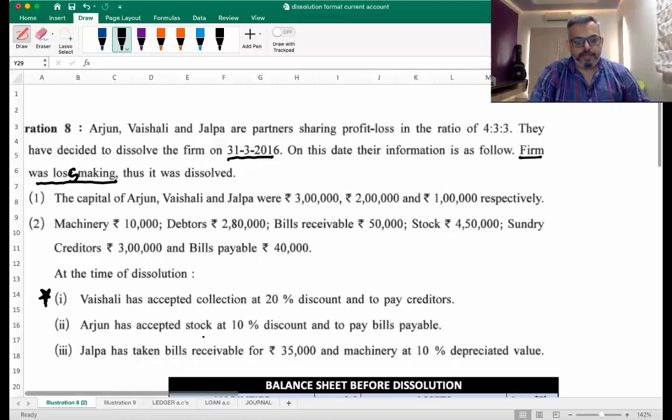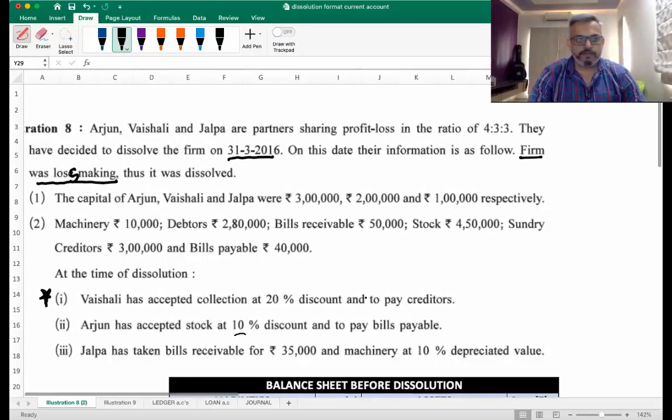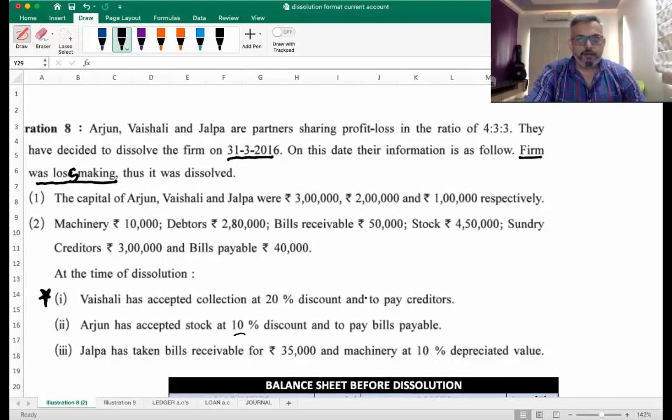Arjun has accepted stock at 10% discount and to pay bills payable, and Jalpa has taken bills receivable for 35,000 and machinery at 10% depreciated value. So this is the question. Now prepare necessary accounts as given in your textbook.